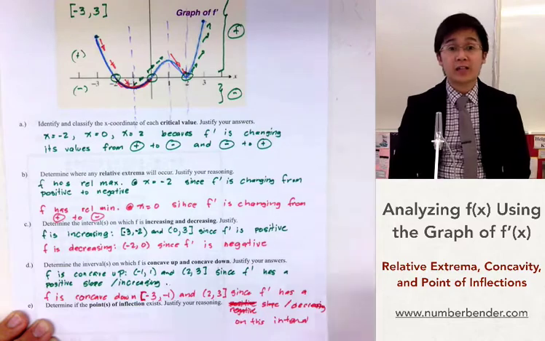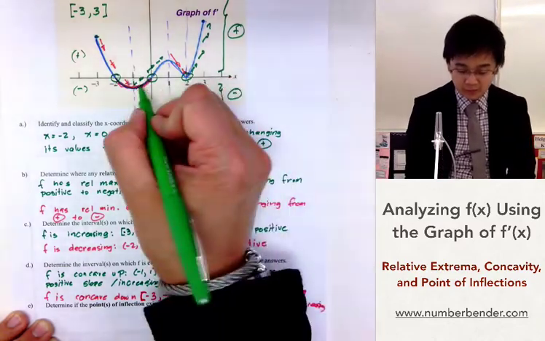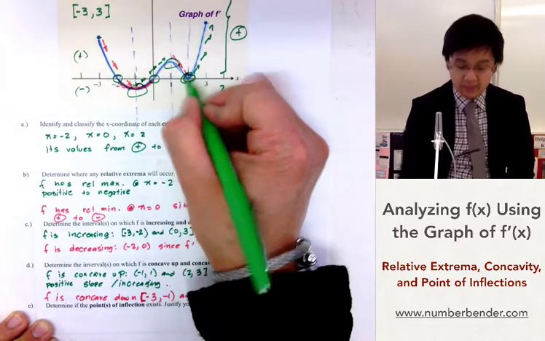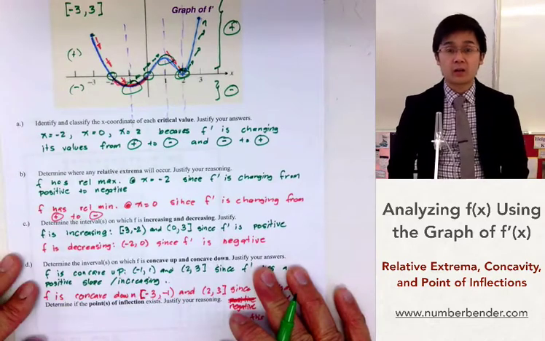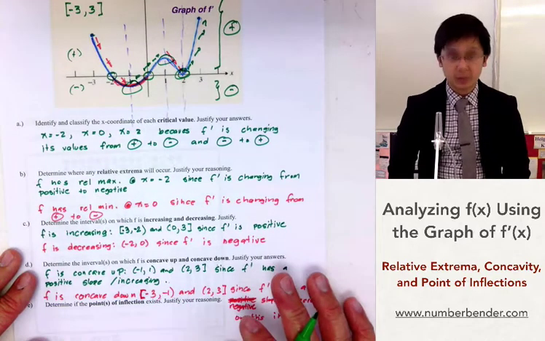And the point of inflection, it's easy because the point of inflection is right here where the direction of your f prime is changing.